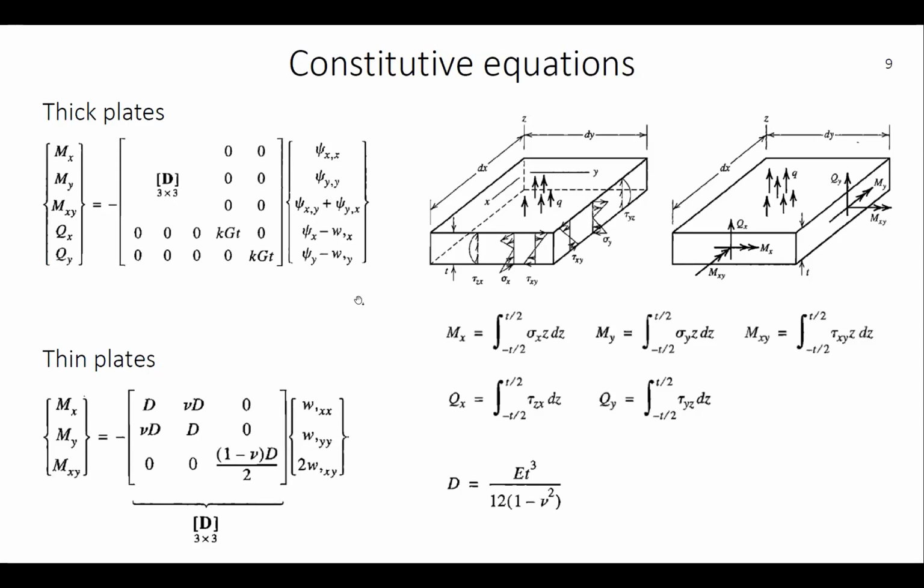And here we have the constitutive matrix, which in the general case has the bending stiffness component, which is a 3x3 matrix, similar to what we had for the plane stress conditions. And we have another one that is the shear component in case of thick plates. So in this case, it will be a 5x5 matrix.